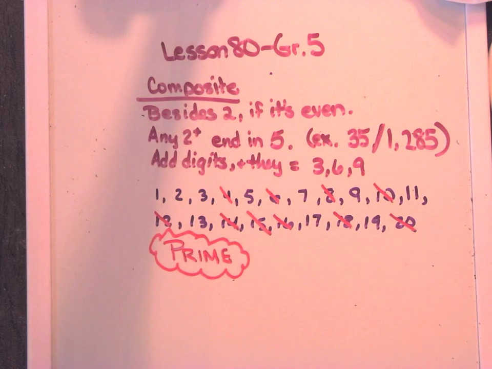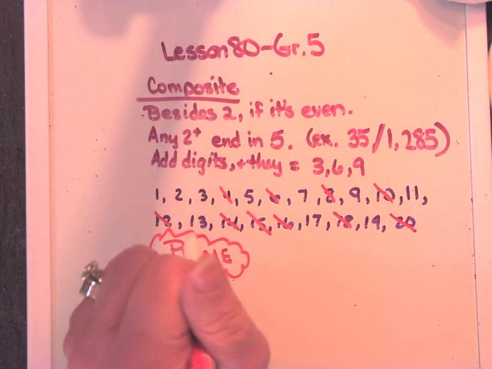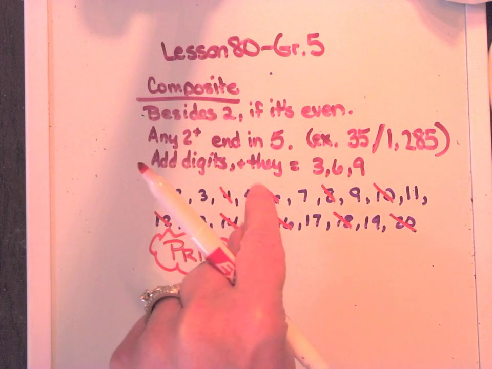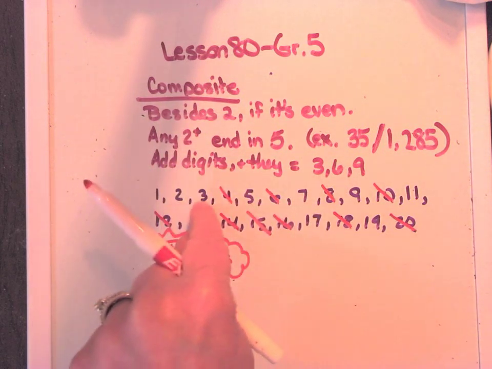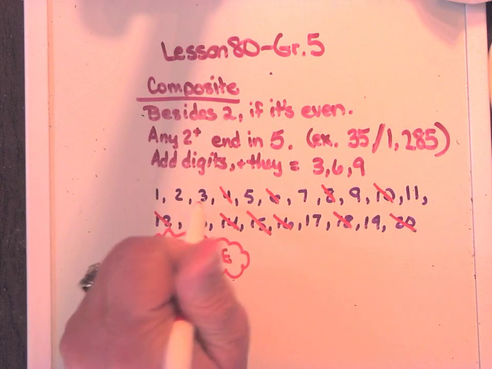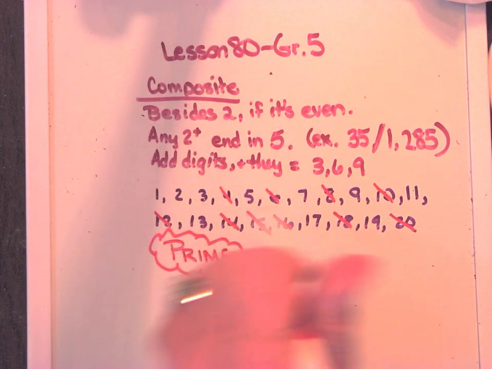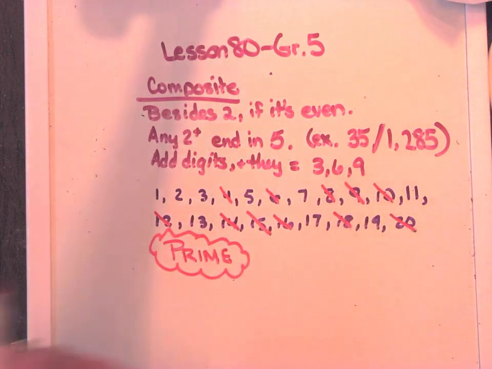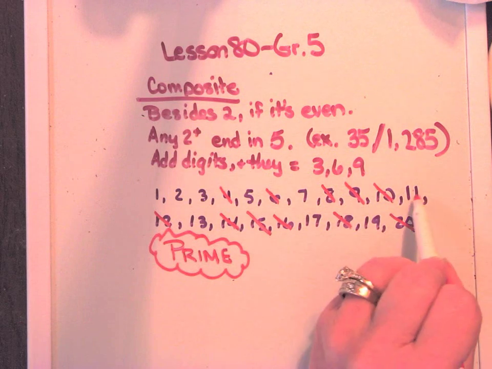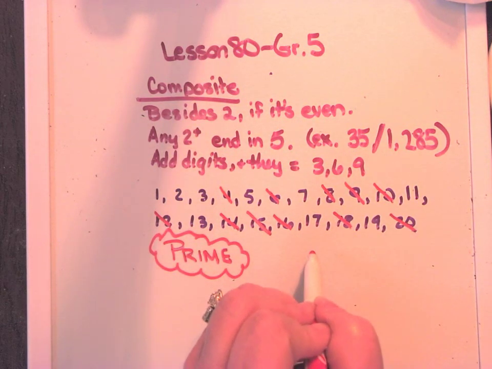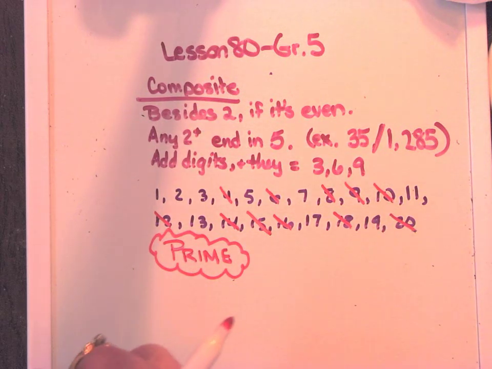Then I have digits that add up to 3, 6, or 9. Except for 3 up in the front, I leave alone, because there's nothing I can multiply 3 by besides 1 to get 3. So any other numbers whose digits equal 3, 6, or 9. 9 does, so we can cross that out. 1 and 1 is 2. 1 and 3 is 4. 1 and 7 is 8. 1 and 9 is 10.